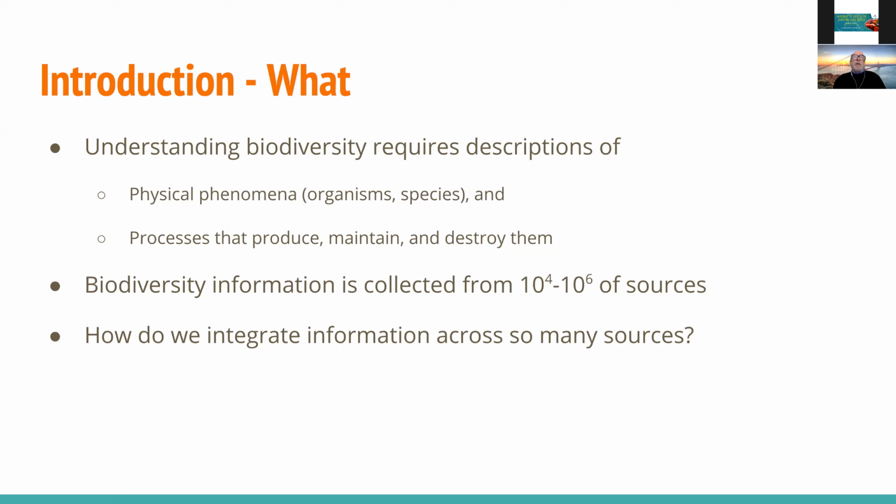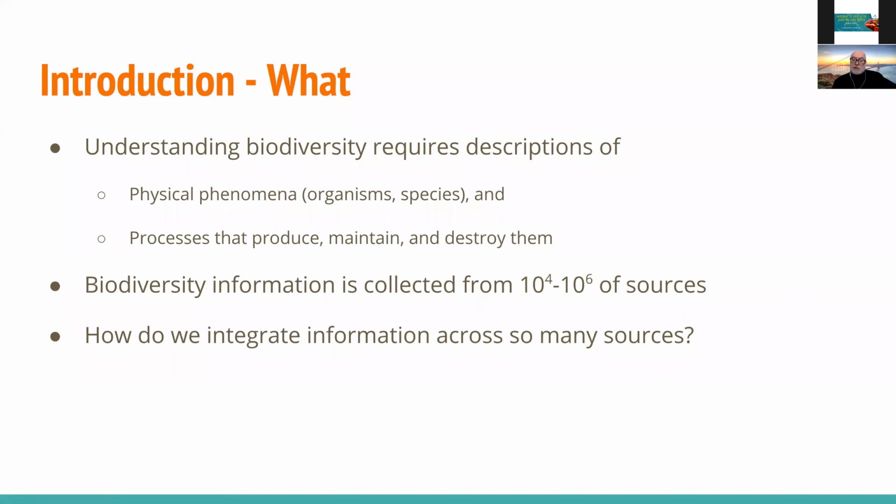Understanding of biodiversity requires descriptions of a huge, huge number of physical phenomena, organisms and species. And having a knowledge of those entities is sort of a requirement for understanding the processes that produce, maintain, and destroy them.